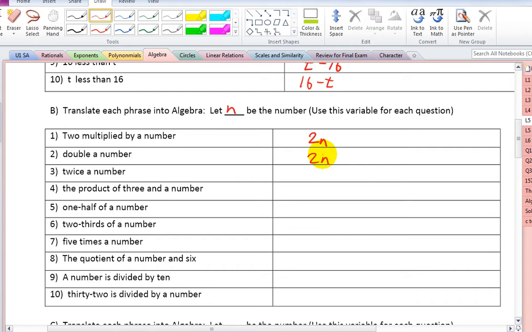Amin. Yeah. N squared. No. Just 2n again. I'd have to specifically say square the number or number times itself. Okay. Number 4. Christina. Good. 3n. Okay. So product is the answer to multiplication.